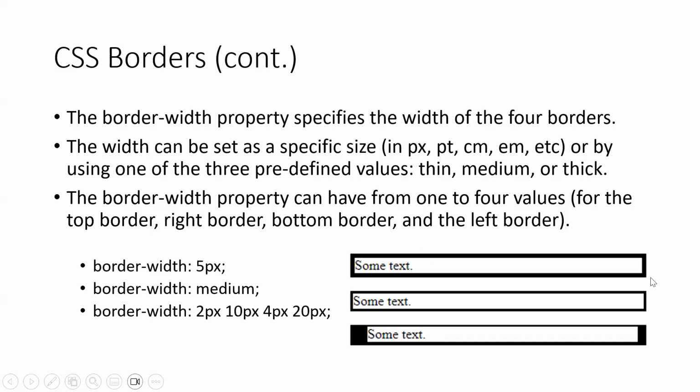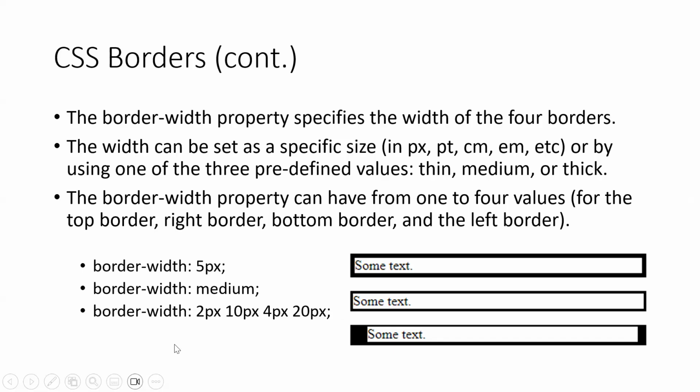So around the text, you will see the size of the border as 5 pixels. Actually, you can use other ways as well. There are some predefined values like thin, medium, and thick. Instead of just saying 5 pixels, you can say medium. And here is how it looks.